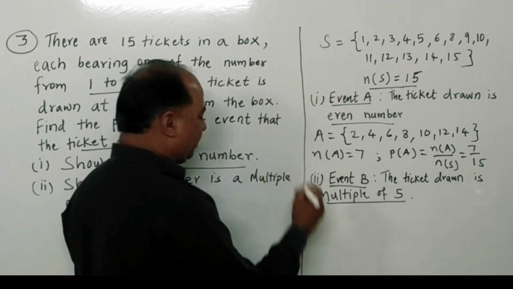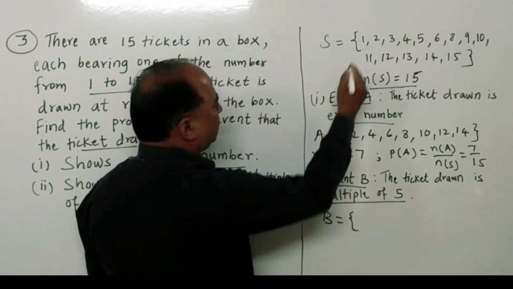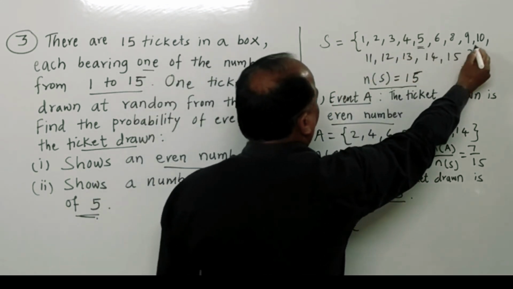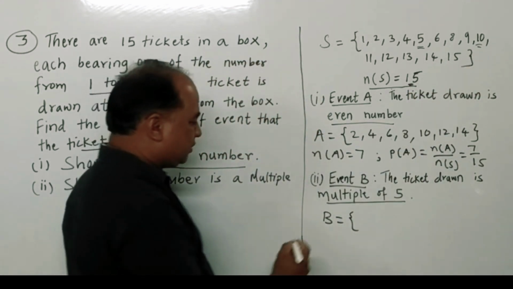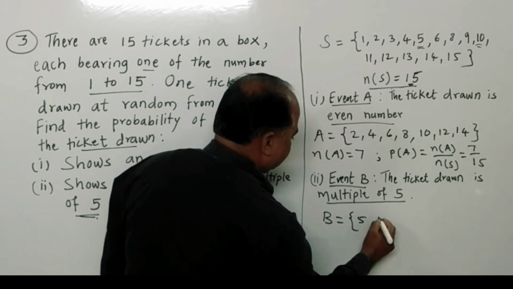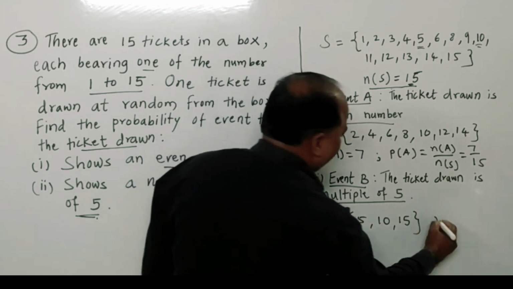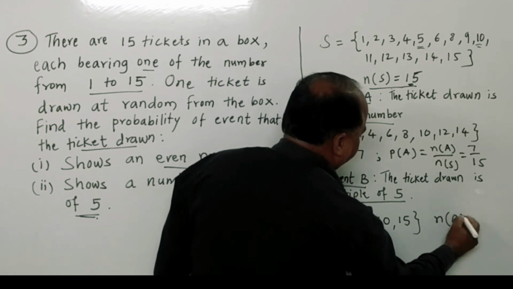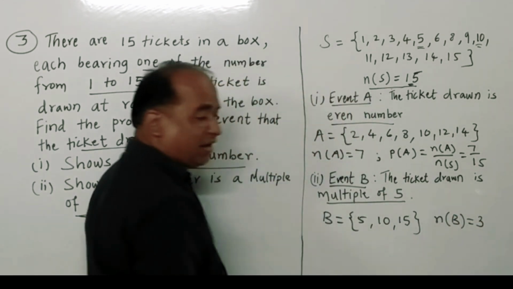So the multiples of 5 in the sample space form event B. 5 1s are 5, 5 2s are 10 and 5 3s are 15. So 5, 10 and 15. The number of sample points in event B is 3.